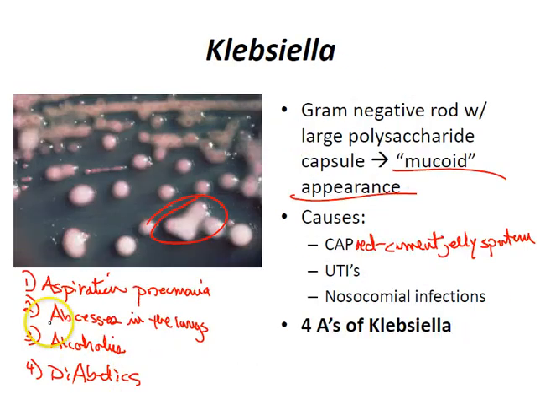The 4 A's of Klebsiella: aspiration pneumonia, abscesses in the lungs, alcoholics, and diabetics. So, that is what you need to know about Klebsiella.